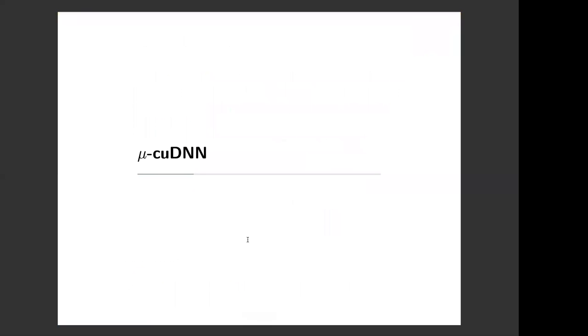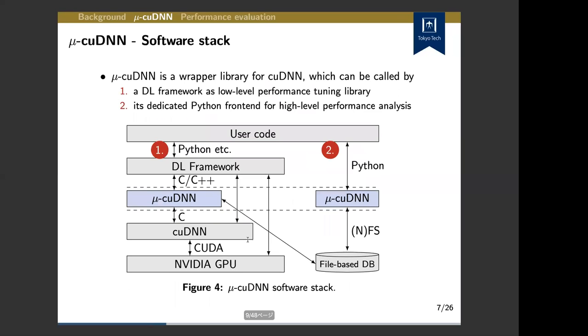So then I briefly explain μ-cuDNN's algorithm. As I explained, almost all deep learning frameworks rely on cuDNN, which runs on NVIDIA GPUs. And frameworks themselves are usually written in C++, and researchers usually use Python to describe their own models on top of the framework.